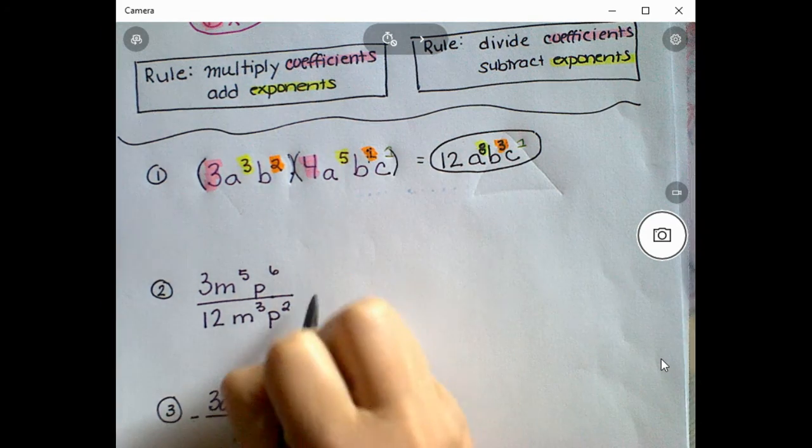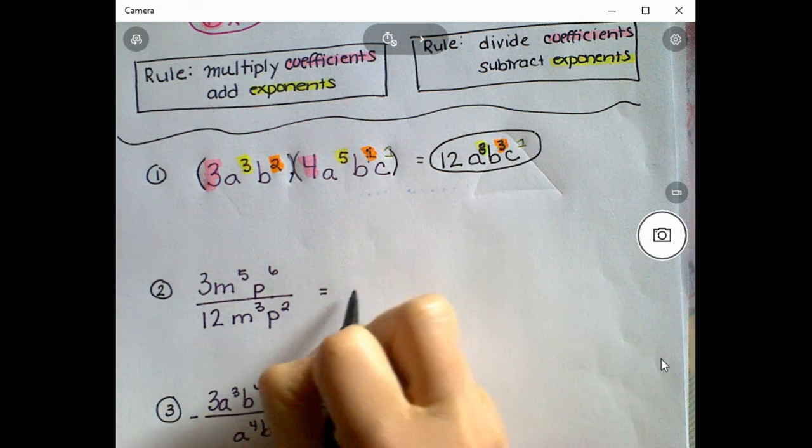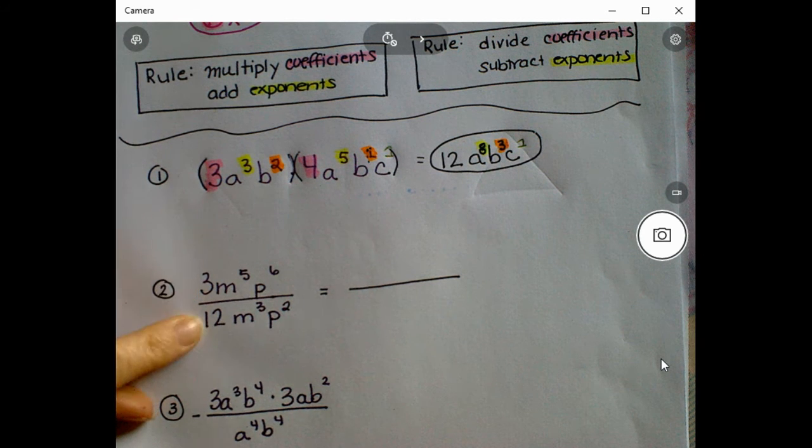Okay, let's divide. For division, I like to draw a big long line. Sometimes I need the bottom, sometimes I don't, so we're going to see how this goes. We can't do 3 divided by 12 and get a whole number, so instead, I like to simplify that fraction.